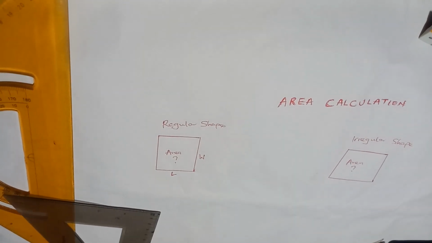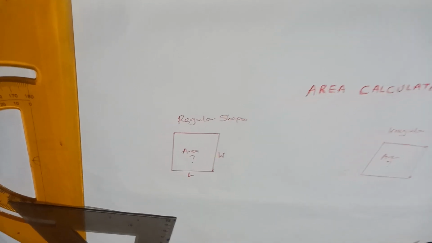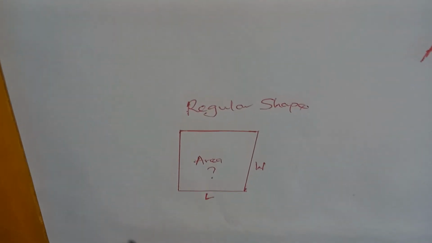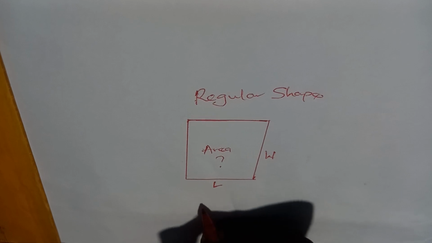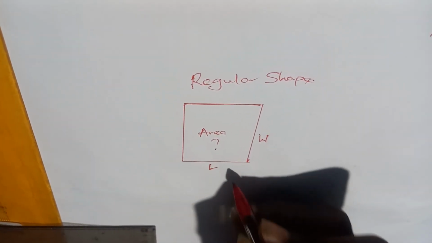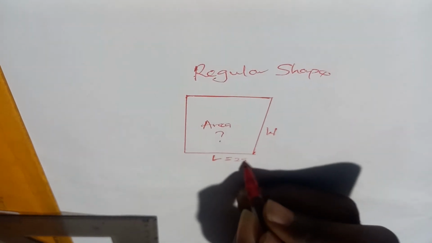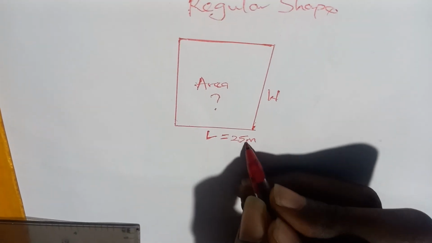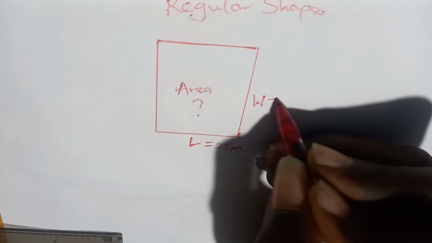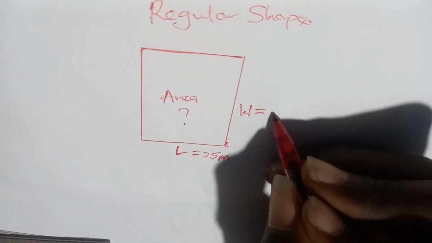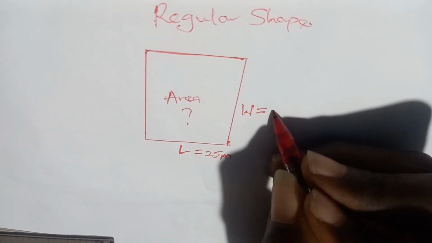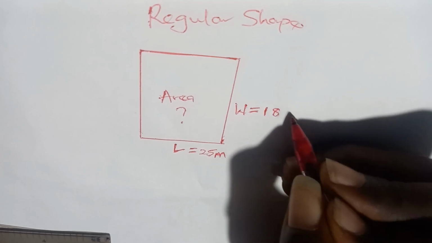Since this is a regular shape, let my length be 25 meter, while my width is going to be 18 meter.